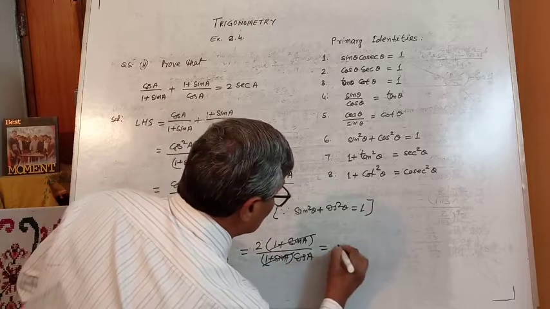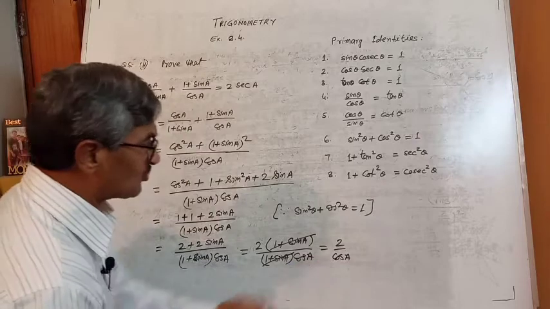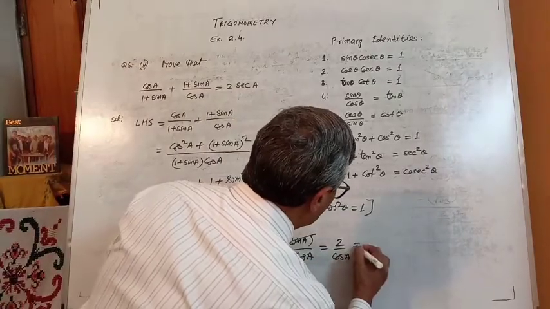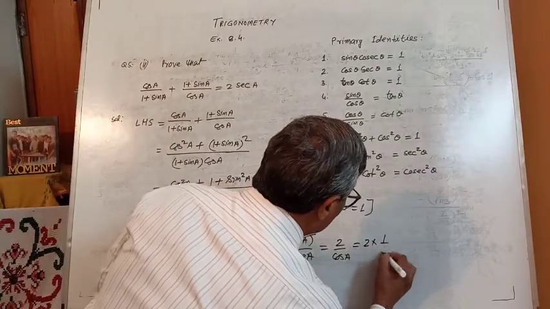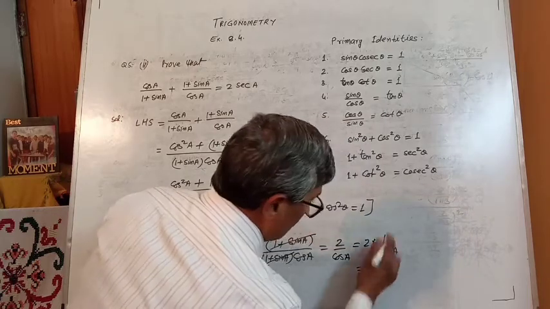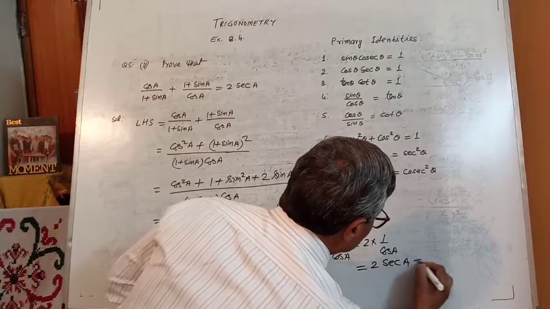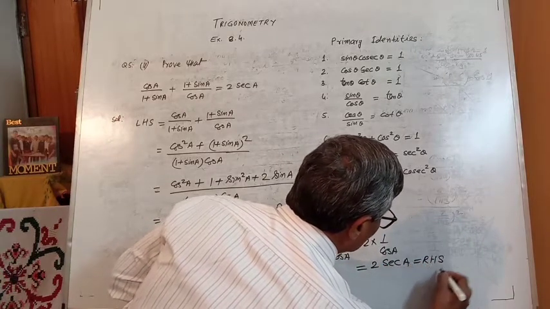Then we get 2 by cos A, which is 2 into 1 by cos A, and 1 by cos A is sec A. So we get 2 sec A, and this is RHS. Proved.